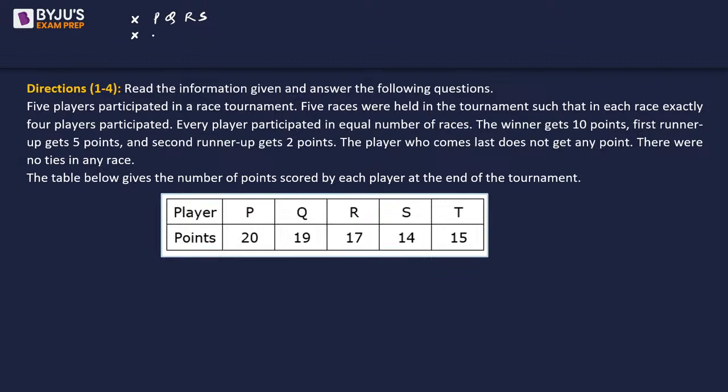In the other race, PQR and T participated, S was missing. In the next race, PQ, S and T participated, R did not. In the fourth race, Q would have been missed, and RST participated further. In the fifth one, P did not participate, Q, R, S and T participate.